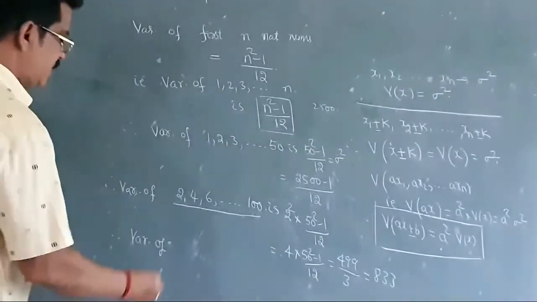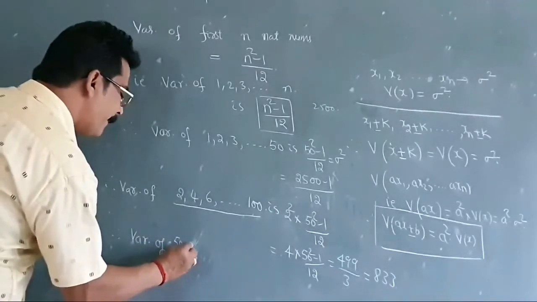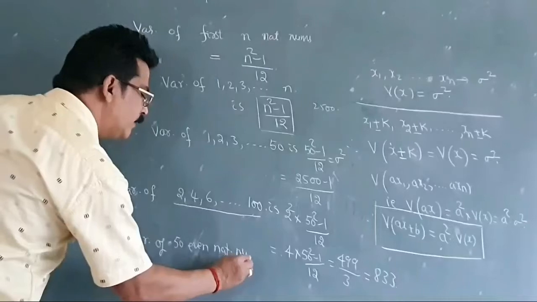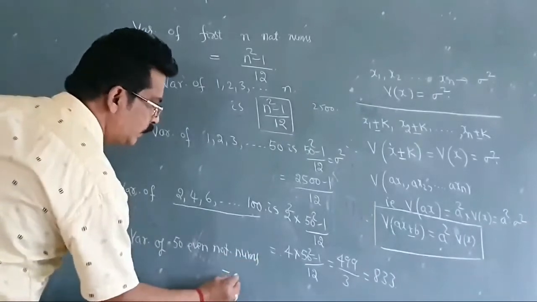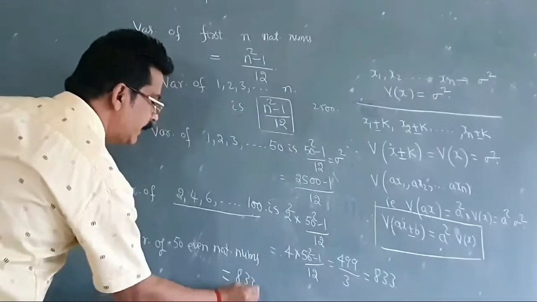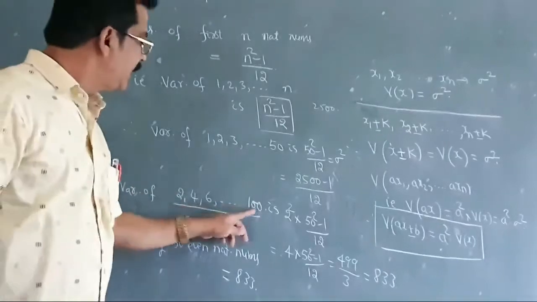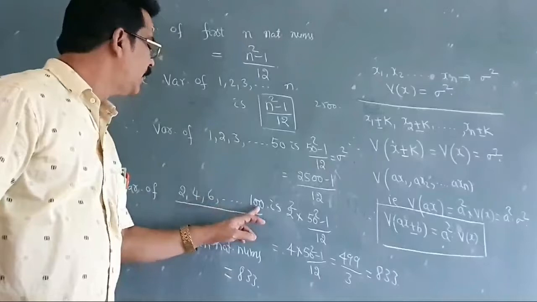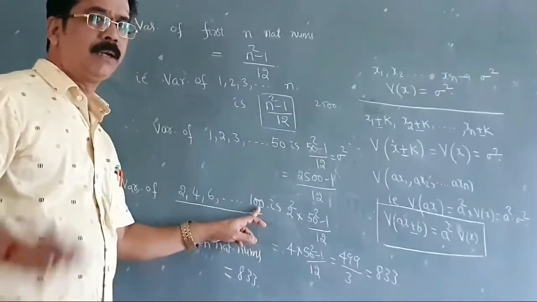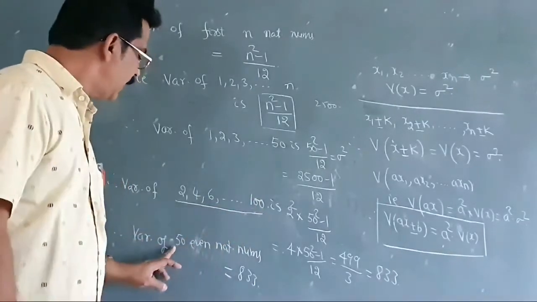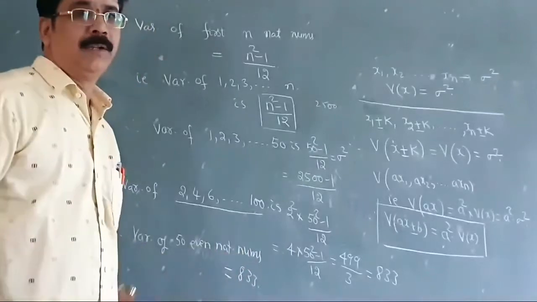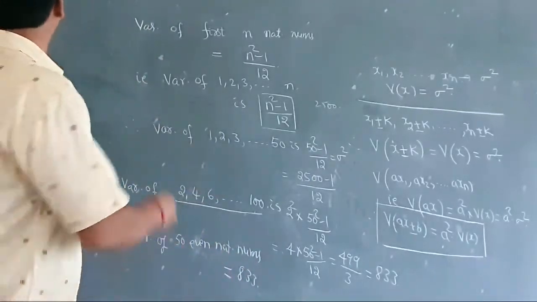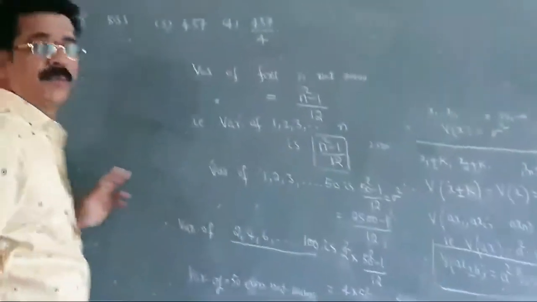Half of 50, so these are 50 even natural numbers. Therefore, the variance of 50 even natural numbers is 833. It is in the second option. Hence the problem.